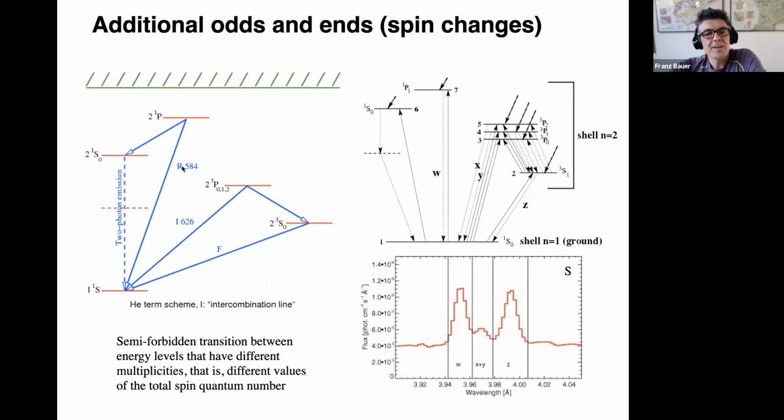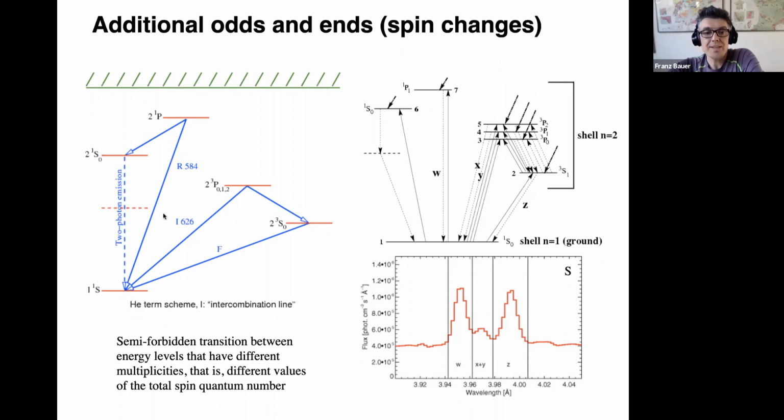So you have different ways of populating this, and there are different ratios between these different values, and those ratios depend pretty intimately on the internal physics. If you measure the ratio of these different transitions, the R versus the I versus the F line, for instance, it's a very sensitive probe of the temperature and the density of the medium.